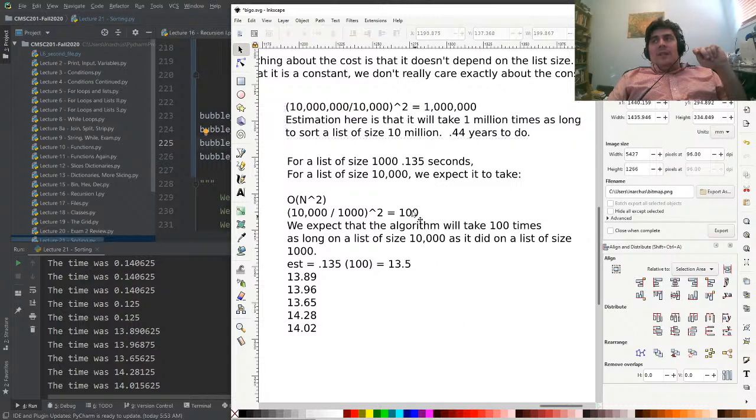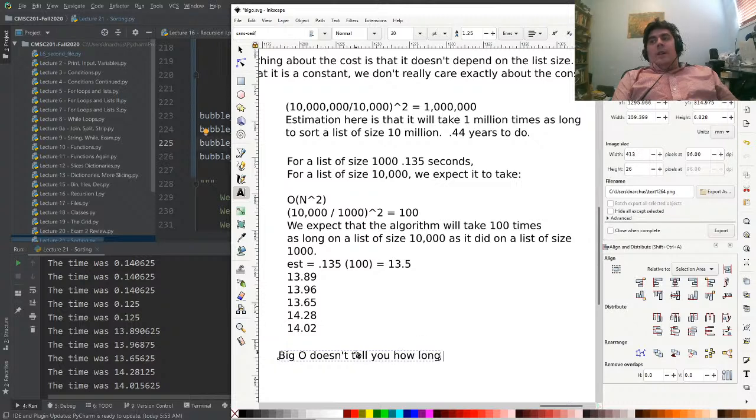And so basically, this is the real true secret point of Big O. If you know it's n squared, you can take the two sizes, divide them, square it, and then you get the ratio of the times that it'll take, right? Big O doesn't tell you how long an algorithm will take, because it's forgetting all the constants.